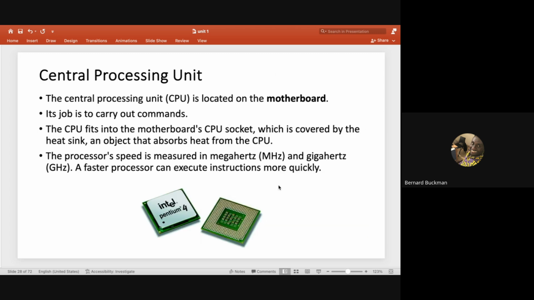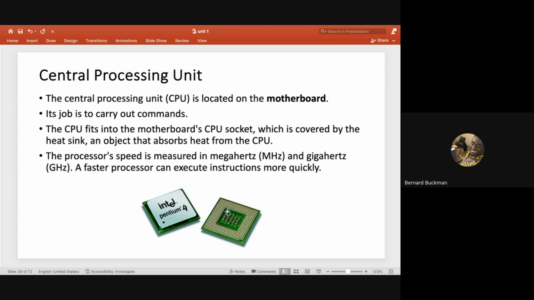Okay, and so these two components are inside this central processing unit. Usually, when you pick up a CPU, it looks something like this. You can see it down here. It's a small chip you plug into the motherboard. Every command the computer can do is carried out in the CPU.